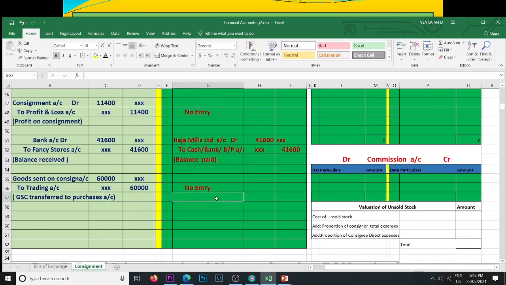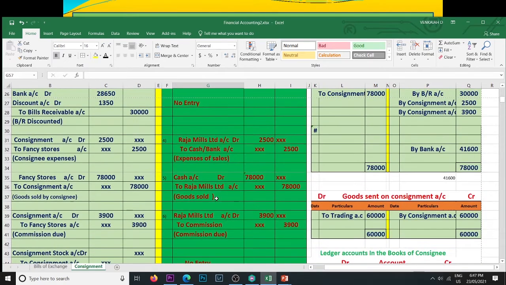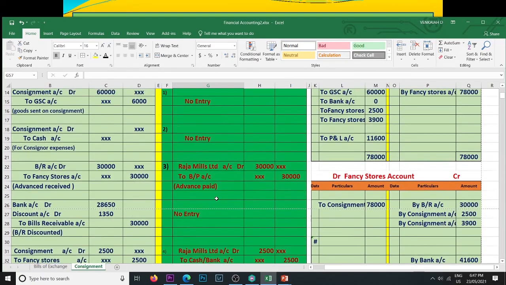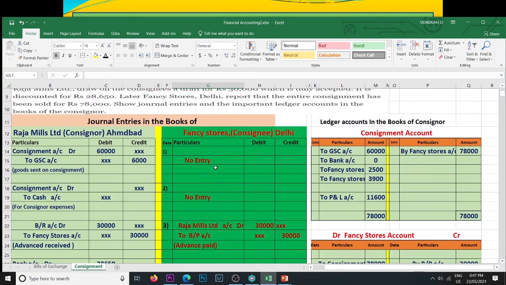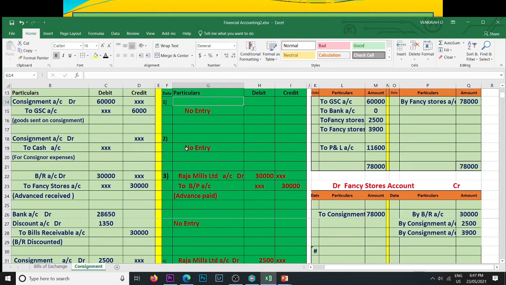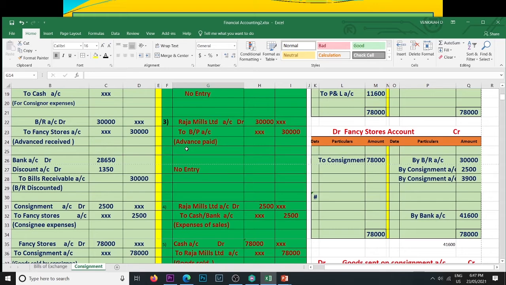Now we have to see the entries for the green part, that is journal entries in the books of consignee. Consignee name is Fancy Stores Limited. First journal entry: there is no journal entry for goods received, no journal entry for consignor expenses, and there is advance paid to Raja Mills Limited.